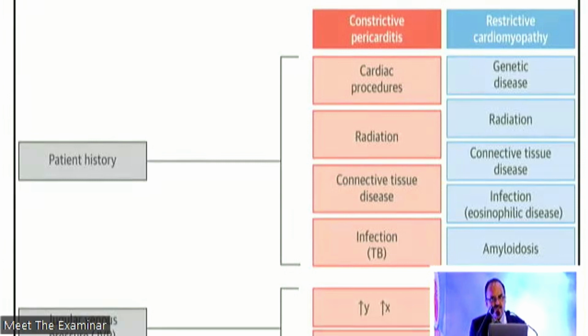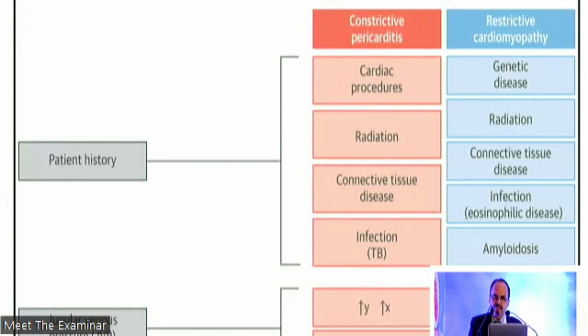As far as the differentiation between constrictive pericarditis and RCM is concerned, as I said, it is one of the most difficult differentials in cardiovascular medicine. However, in the patient's history, we will find typically in our country it would be tuberculosis, or the patient having received radiation, or having undergone cardiac procedures, and the fourth common would be connective tissue disorders.